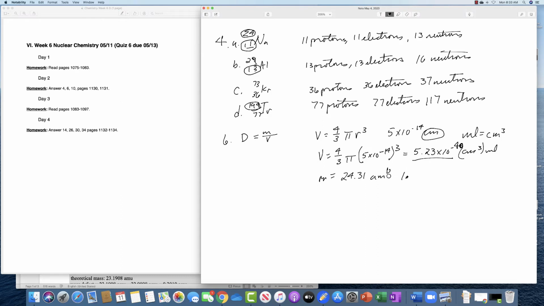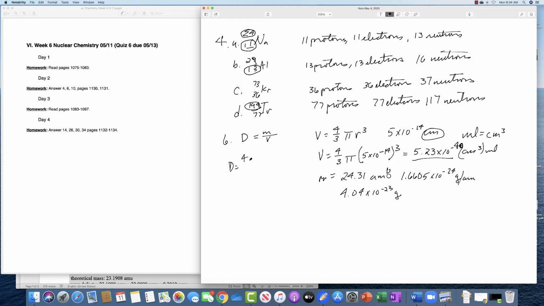If you look in the book, you'll find the conversion is 1.6605 times 10 to the minus 24 grams per AMU. So if you multiply these two numbers together, you get the mass of the nucleus. So the mass is 4.04 times 10 to the minus 23, excuse me, grams.